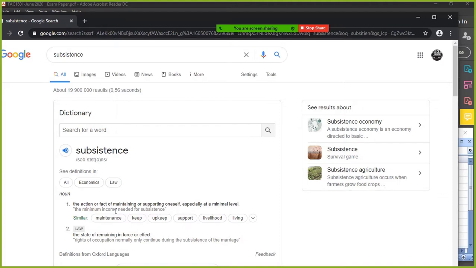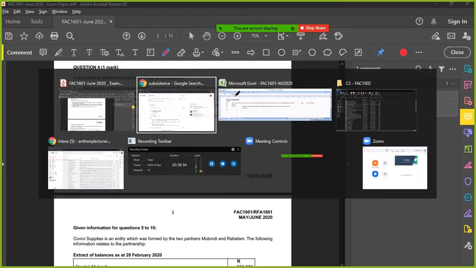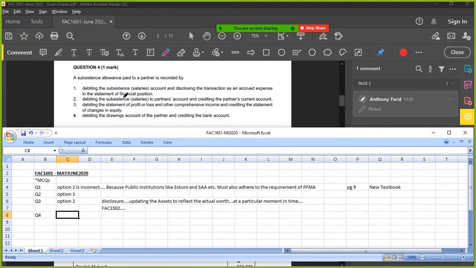Well, yes, in a way, but not quite. Subsistence would be more something they're consuming. So they're consuming the food, they're consuming the electricity, etc. It's upkeep, it's maintenance, it's ongoing.